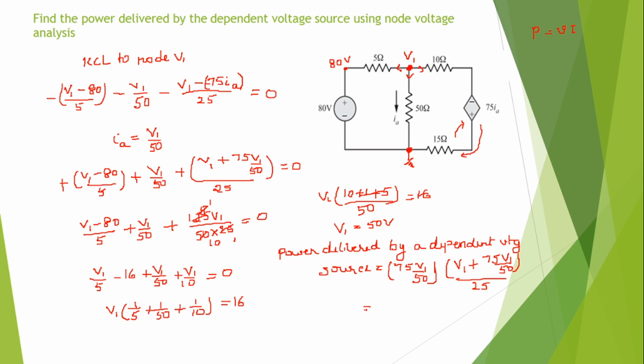So this is 75 times V1 by 50, and V1 is 50, so 50 by 50 is 1.